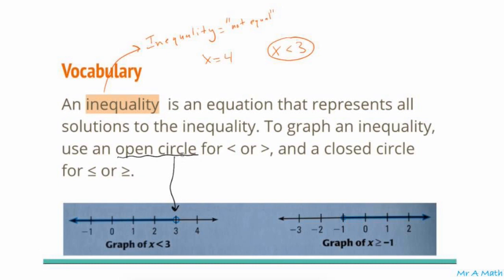Use an open circle on a number line for less than or greater than, and a closed circle for less than or equal to and this symbol for greater than or equal to, right?